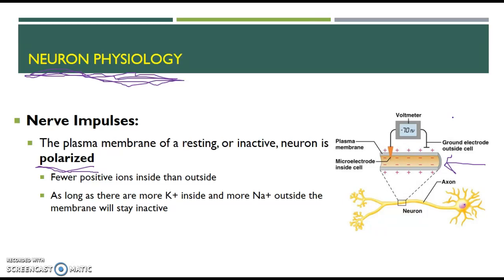Sodium being the Na+, potassium being the K+. So right now, when we are at rest, there are more potassium ions inside and then more sodium ions outside. And there are many more sodium ions outside than there are potassium inside, giving it an overall negative charge.